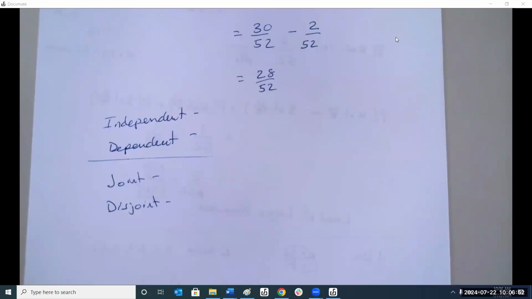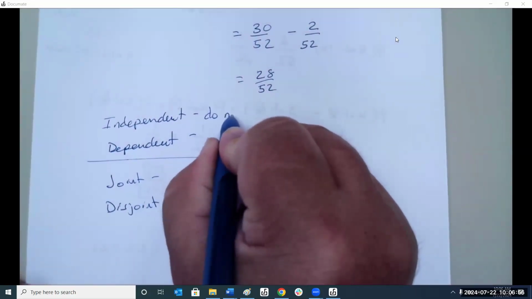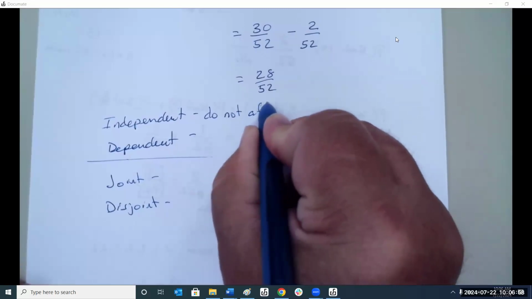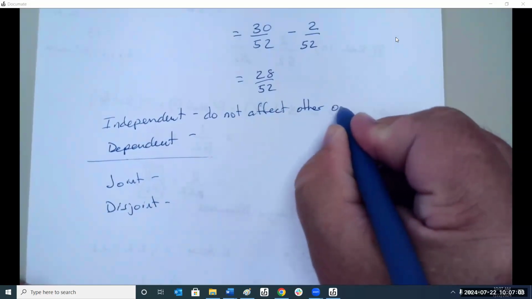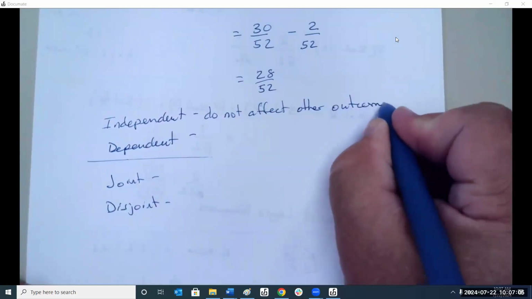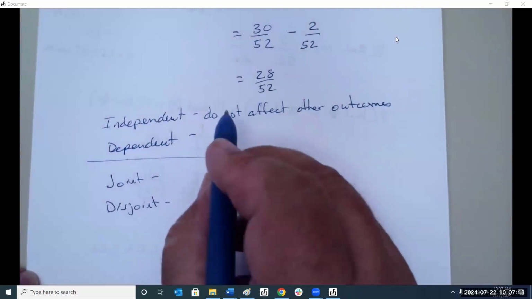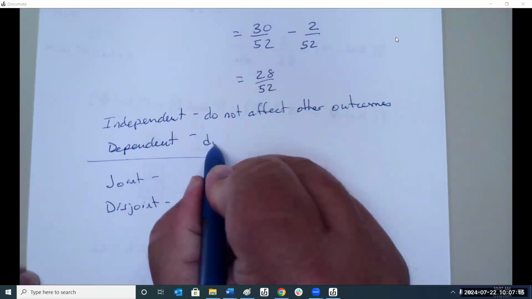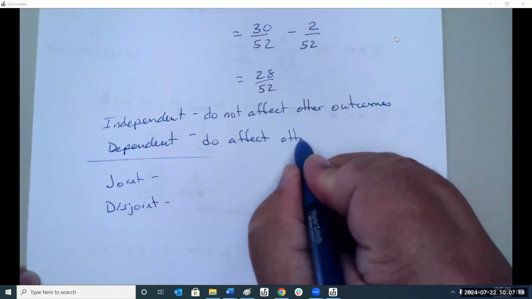Independent events do not affect other outcomes. Dependent events do affect other outcomes.